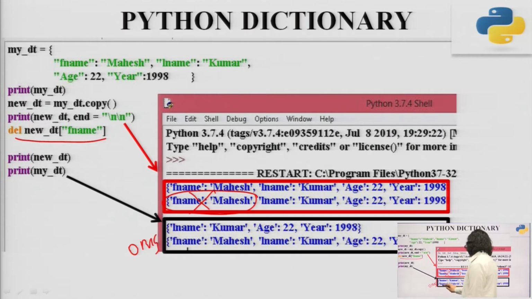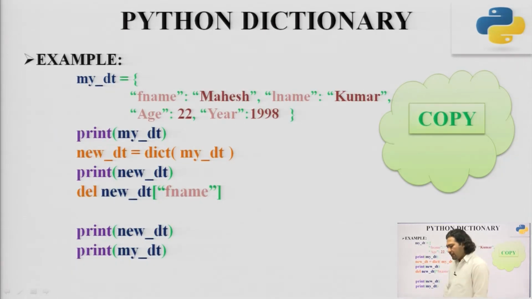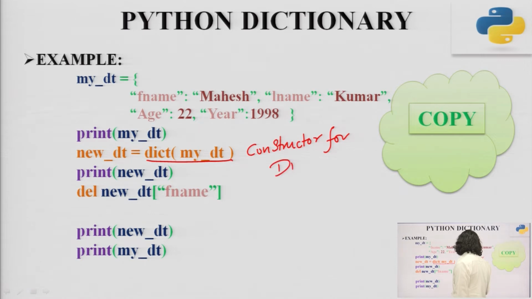So, in the original you can see all the 4 pairs are retained as they are, but in the new DT you can see the f name is no more, or you can say the deleting operation only affected the new DT variable. The next thing is, the one process of creating the copy is by using the copy method. The second is by using the dict function, or you can say it is a constructor for dictionary.